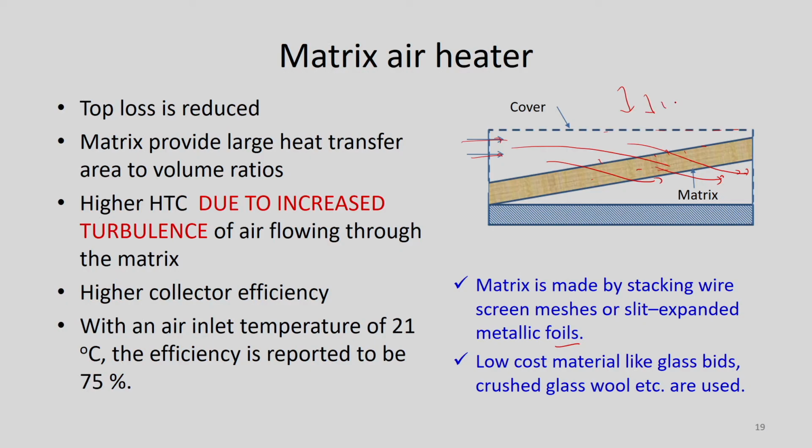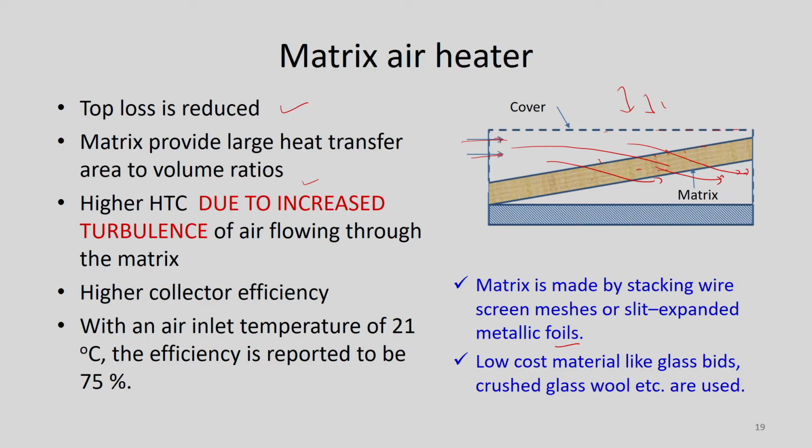Okay. So, in this kind of configuration, it is found that top loss is reduced significantly, and the matrix provides a large heat transfer area to volume ratio, and most importantly a higher heat transfer coefficient due to increased turbulence of air flowing through the matrix, which is important.